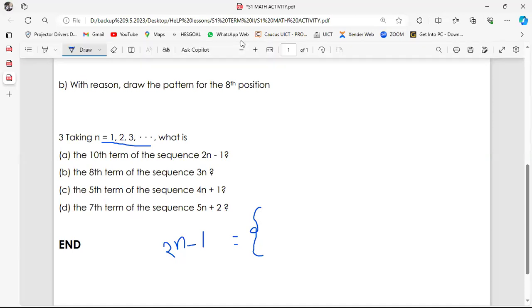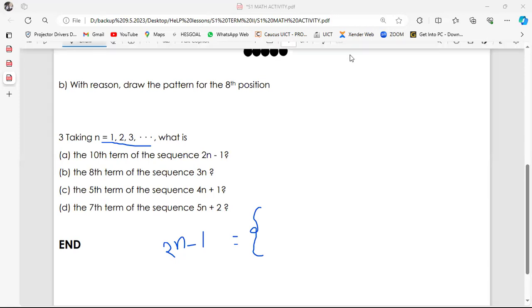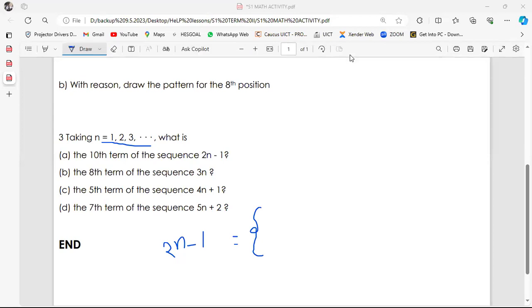Or maybe let me get someone to give us this. Number 3, part 1, even if your work is not here. Who wants to take us through number 3, part 1? Okay, Namaro.